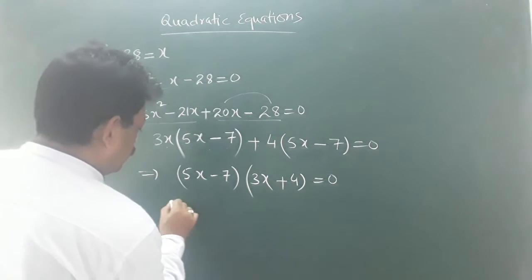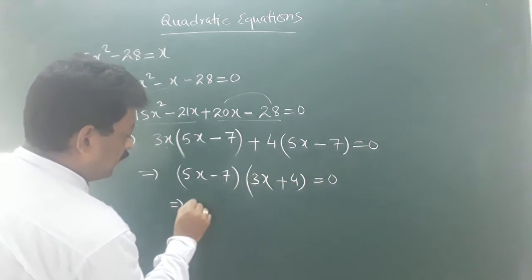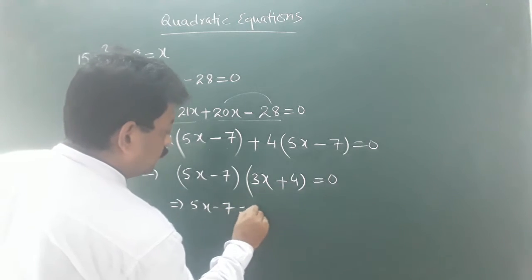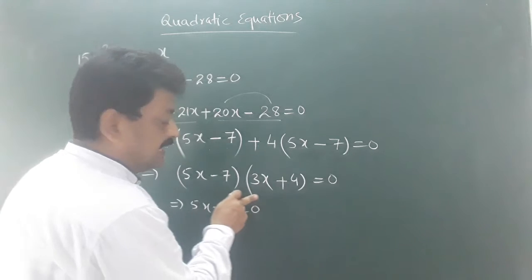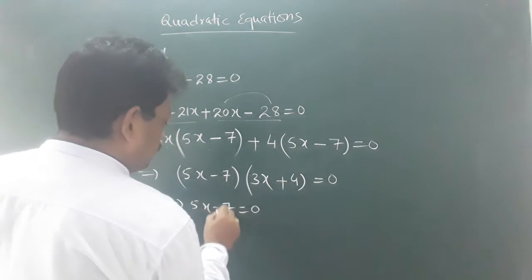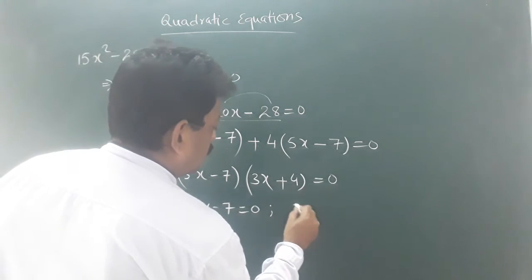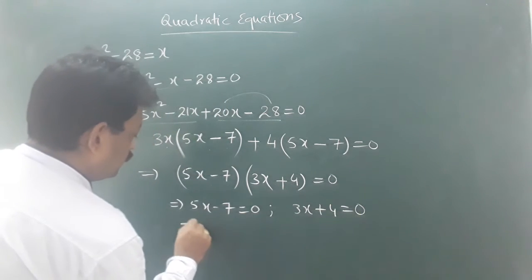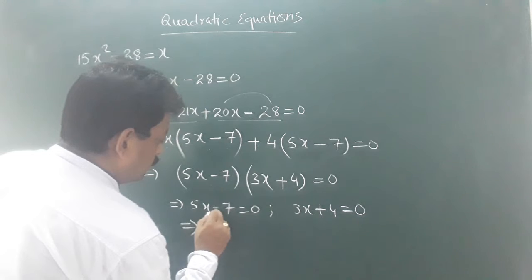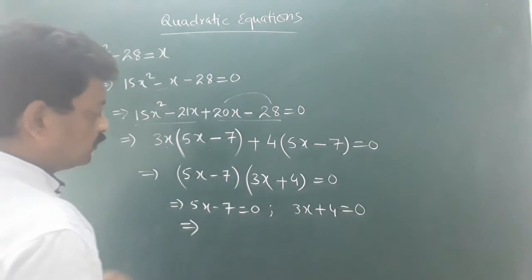Now either 5x minus 7 equals 0, because their product is 0, so either the first factor is 0 or the second factor is 0. So 5x minus 7 equals 0, 3x plus 4 equals 0. After doing this, what are we getting?